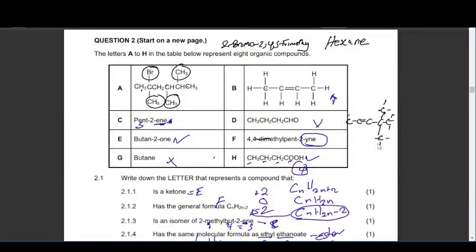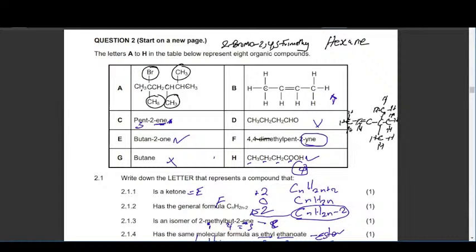Make sure that the bonds are 4 on each carbon atom. Don't leave it hanging, because when you leave it hanging, you lose a mark. It is easy to lose a mark. It's not easy to get a mark, but it's very easy to lose it.